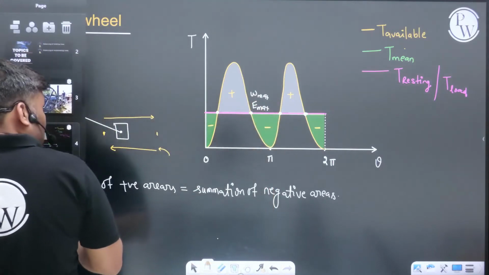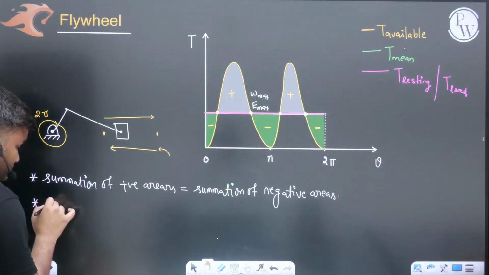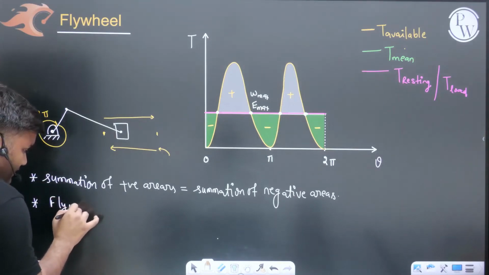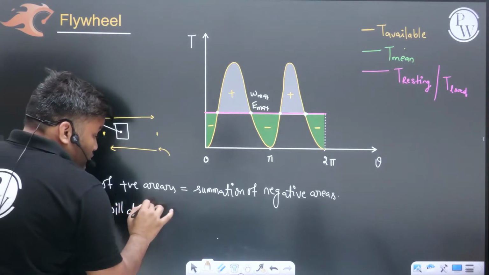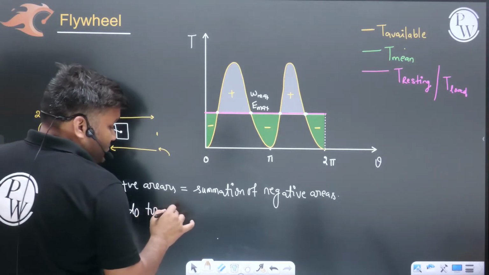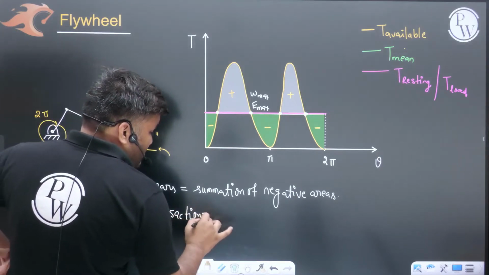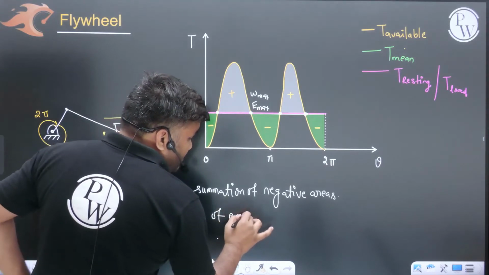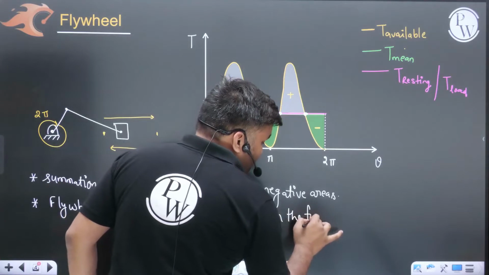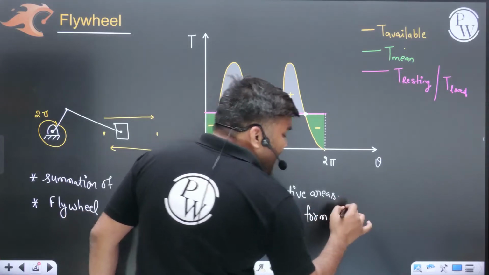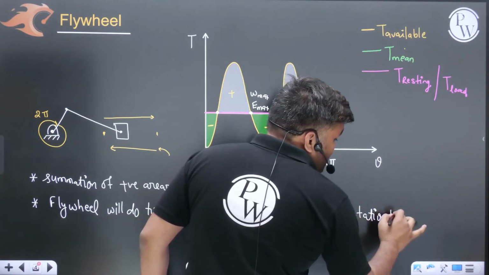Let me write this thing also. The flywheel will do transactions of energy in the form of rotational kinetic energy.